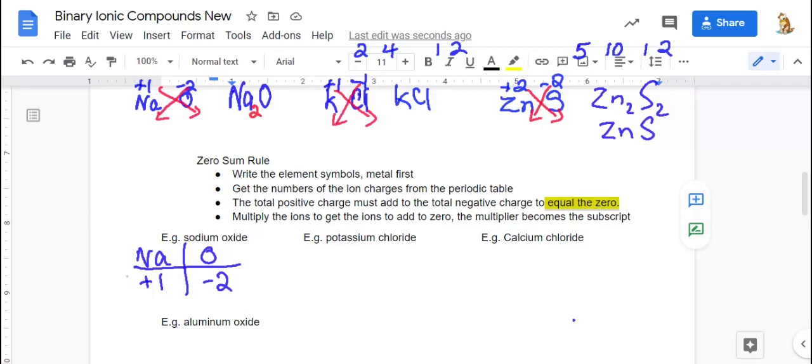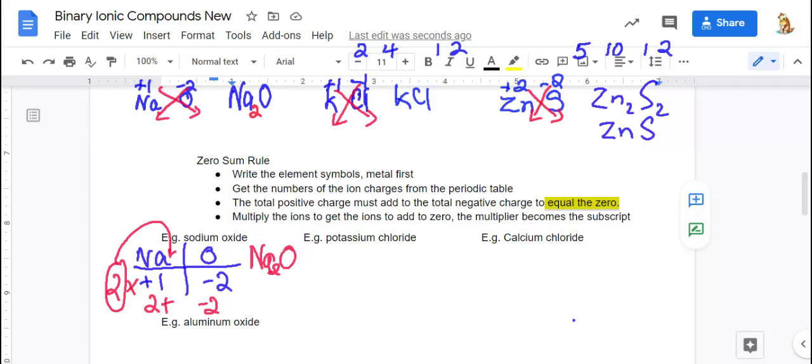So we times this by 2, we will have a total of 2 plus. And if you add that to your 2 negative charge, you get 0. This multiplier becomes the subscript. So this is Na2O.